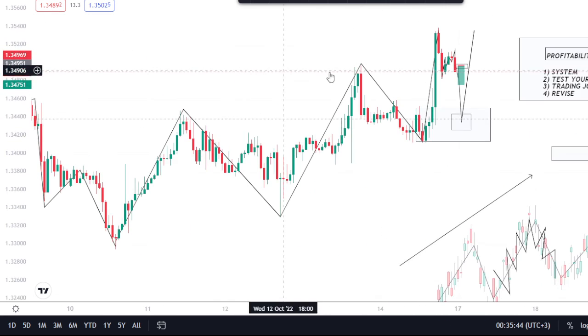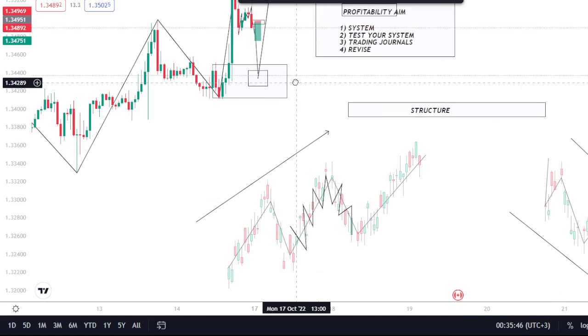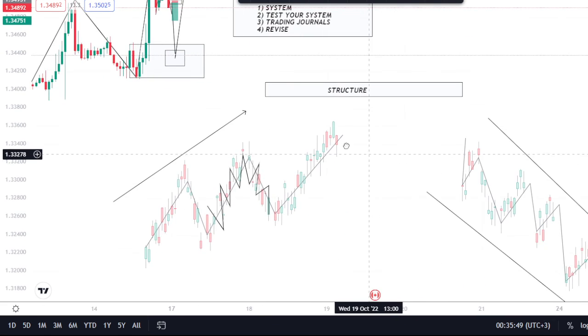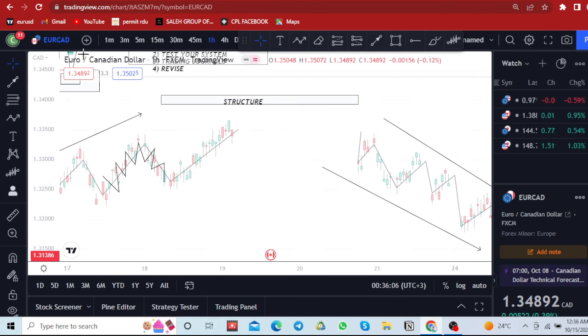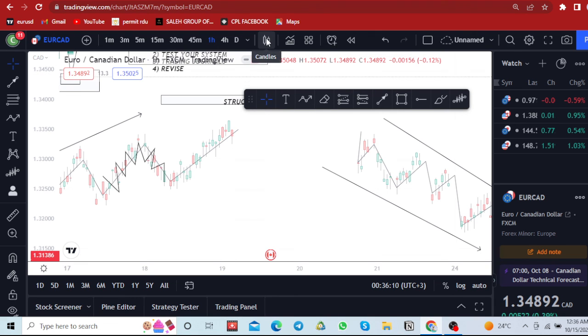If you now understand what the market structure is, it's a one-step success. You have a way to view the market better than other people who use indicators like moving averages, or other tools that the trading platform provides in the indicator section.